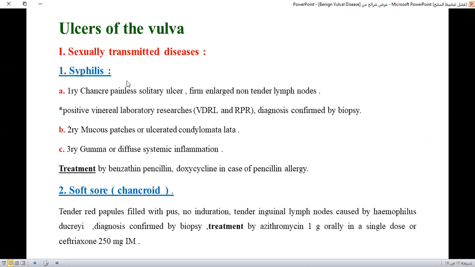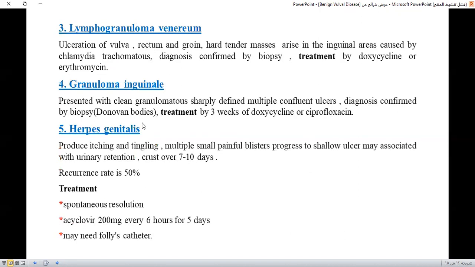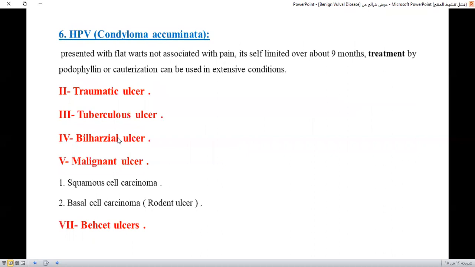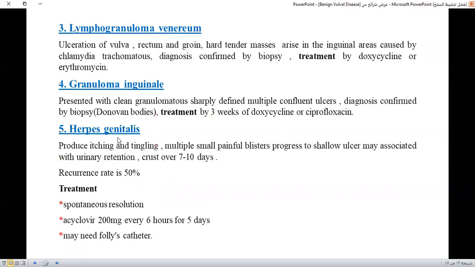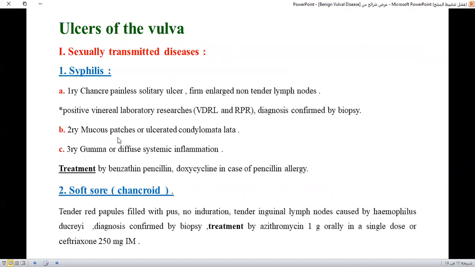Sexually transmitted diseases, the most common are syphilis, soft sore chancroid, lymphogranuloma venereum, granuloma inguinale, herpes genitalis, and human papilloma virus. We are repeating: ulcer of the vulva, sexually transmitted disease, or traumatic, bilharzia, tuberculous, malignant ulcer, or Behcet.